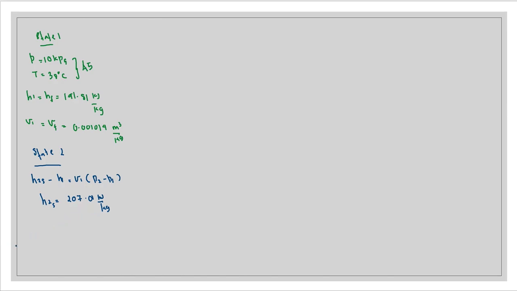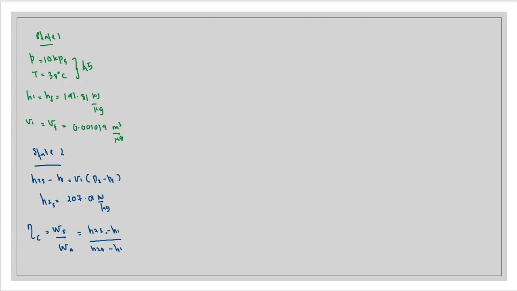Okay, so state 1 and state 2 is about the compressor. Therefore, we have isentropic efficiency of a compressor given as Ws over Wa. Okay, then what is Ws? H2S minus H1. What is Wa? H2A minus H1.